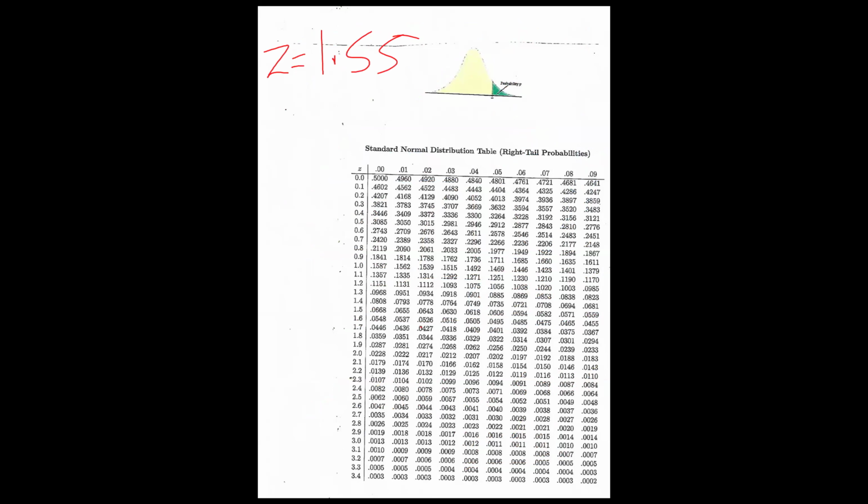The other one is Z is greater than 1.55. Then the other Z is less than 1.55. How do you work with this?